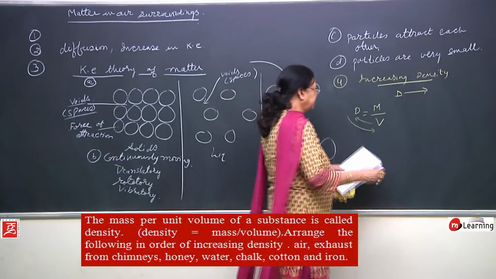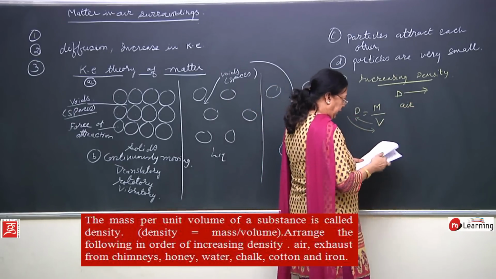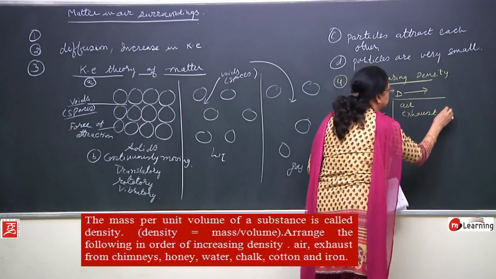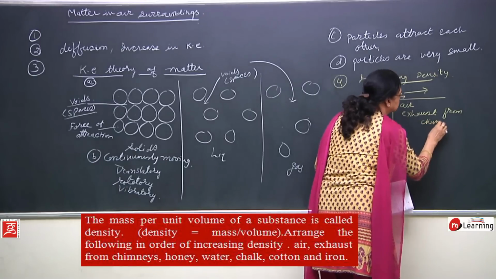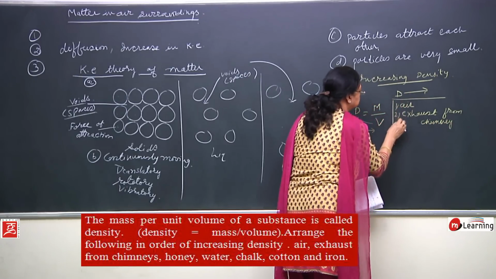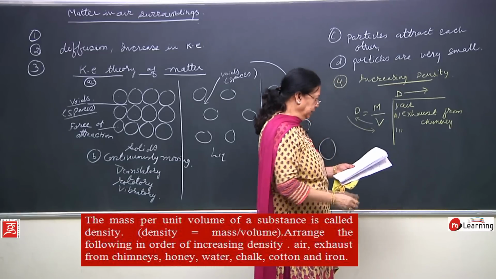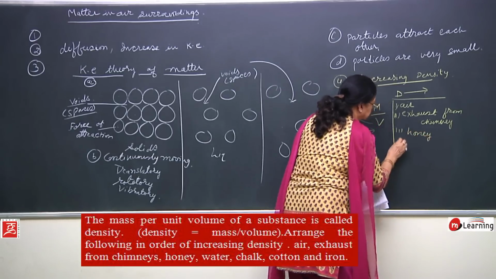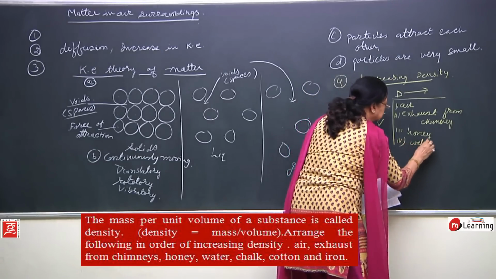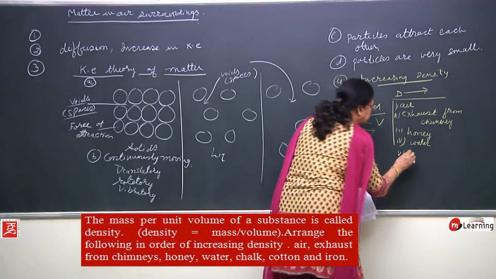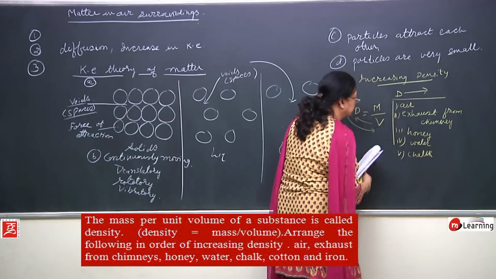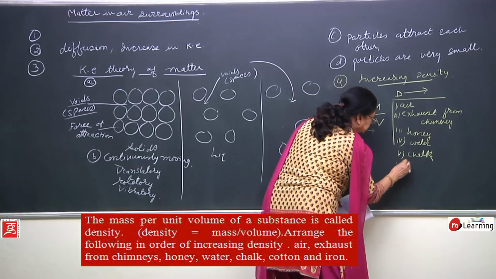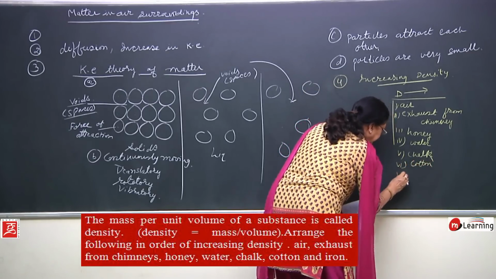Now what are the things given here? Air, exhaust from chimney, honey, then water, then chalk, then cotton, and then iron.